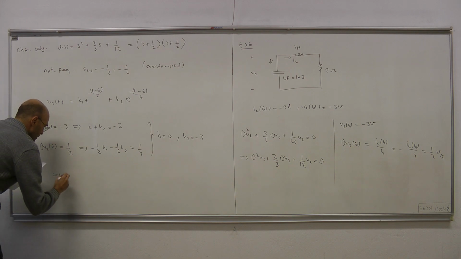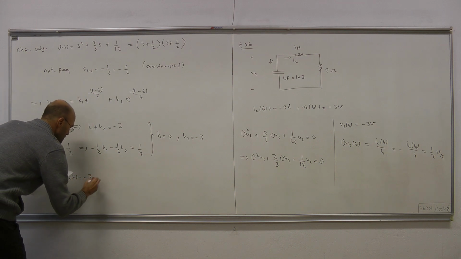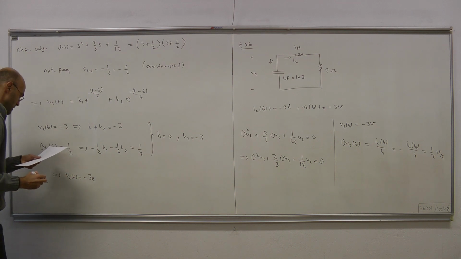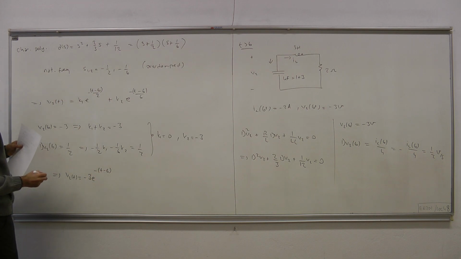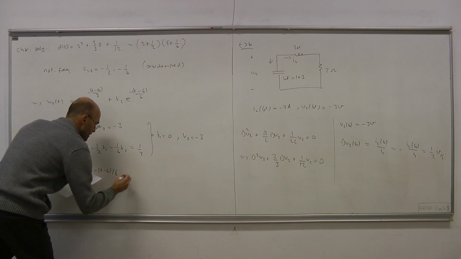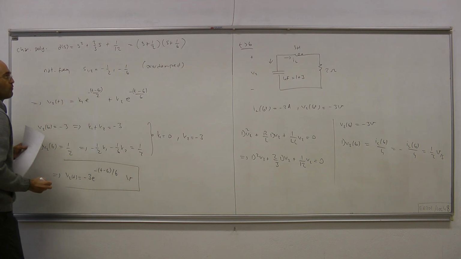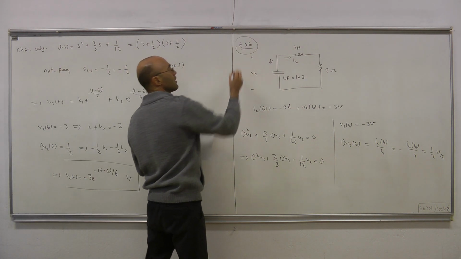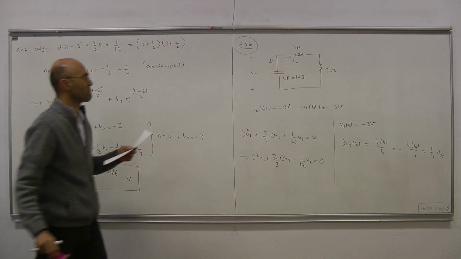Therefore, V2(t) equals minus 3 e to the minus (t minus 6) over 6 volts. Okay. For t positive. Okay.